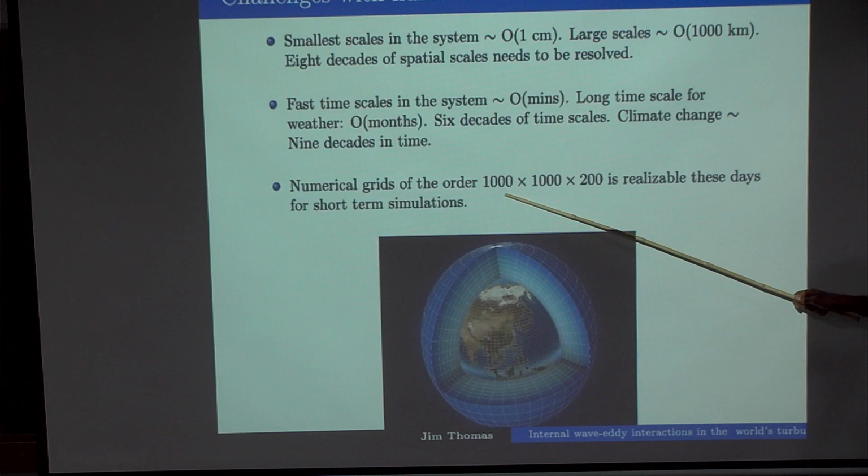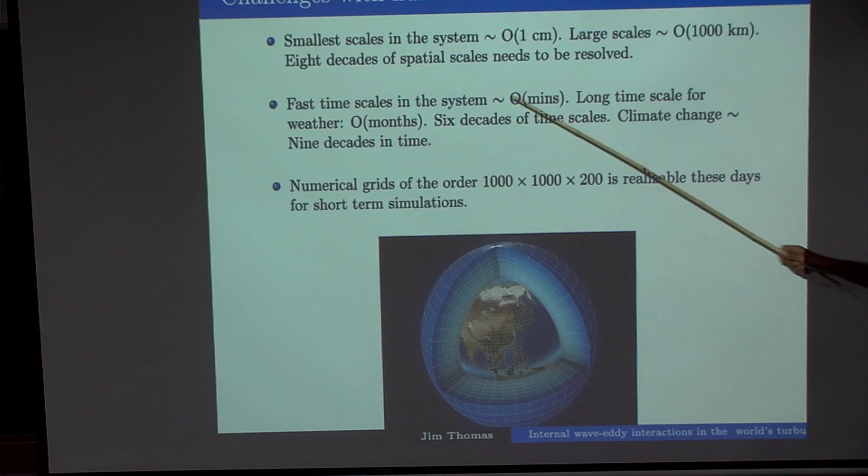We can resolve 3 decades, whereas you have to resolve 8 decades of spatial scales. And then we can run these numerical integrations only for a short time, on the order of weeks. So we're completely missing this. We are in no place to resolve 8 decades of spatial scales and 9 decades of time. So this is what makes weather and climate forecasting very difficult.